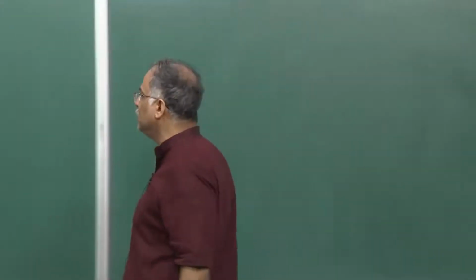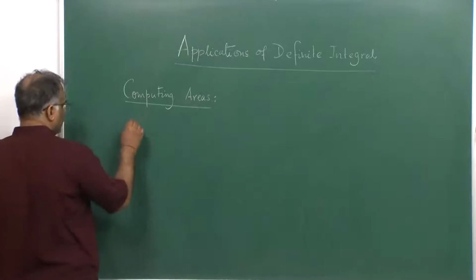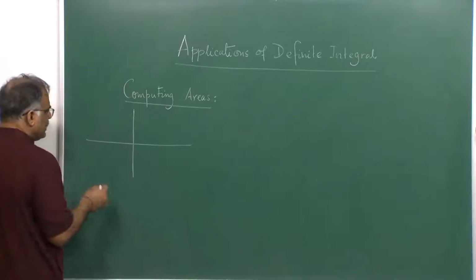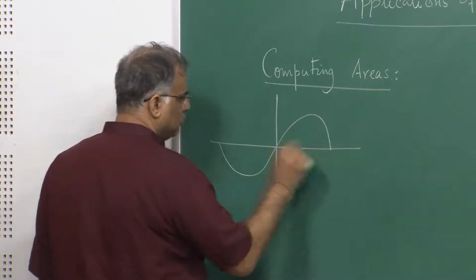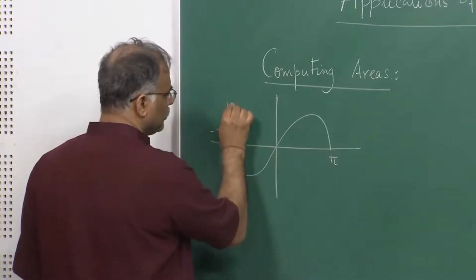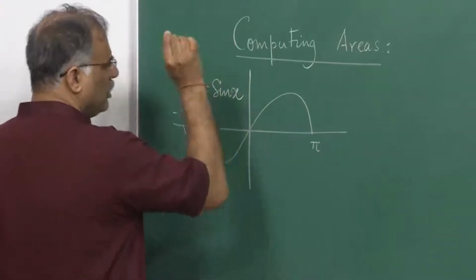When you learn to compute areas, one of the first questions that arises, and that was also taught in many standard courses, is: what is the area under this curve, that is y equal to sin x.